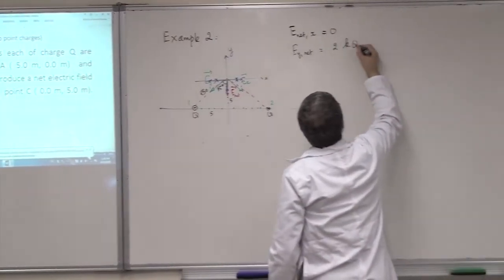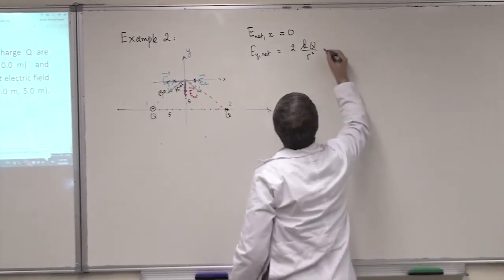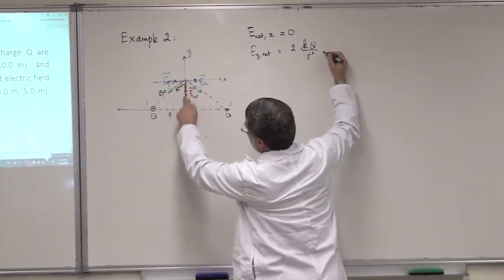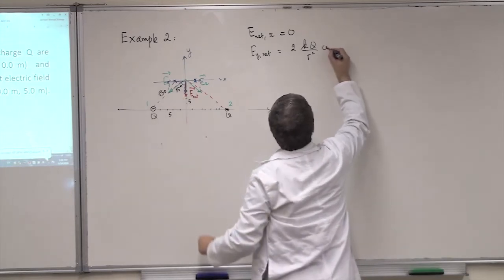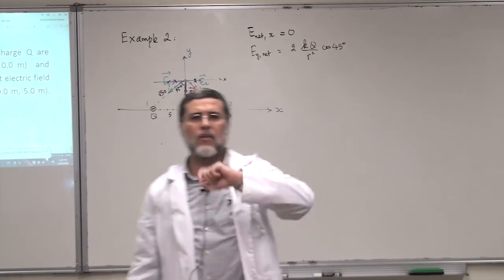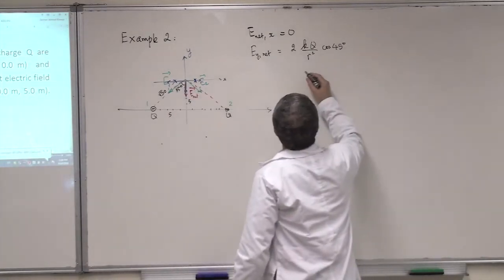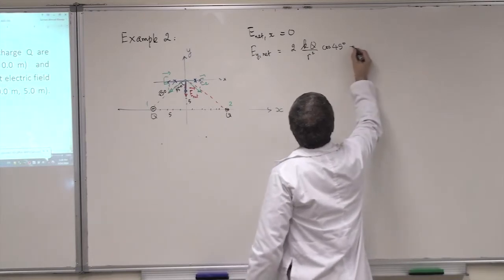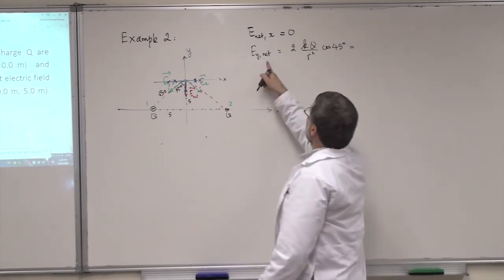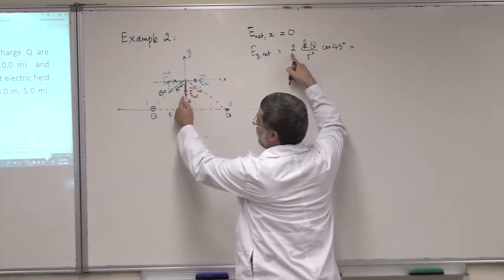With 45 degrees, the sine and cosine are the same, square root of 2 over 2, so you don't have to worry about that for now. The 2 is for the two components; each one contributes the same.